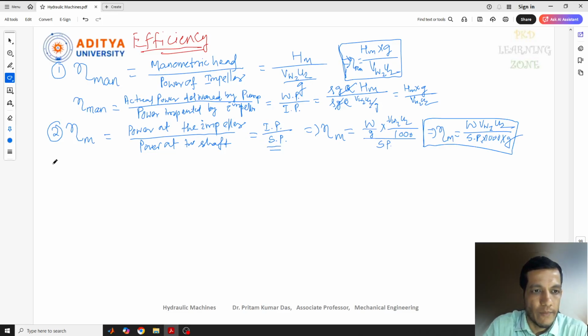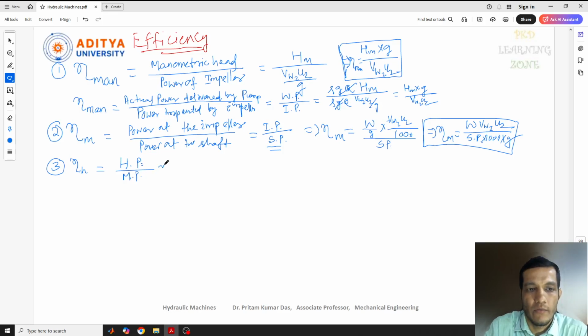Okay, the next one is hydraulic efficiency. One more is there, hydraulic efficiency. So hydraulic efficiency is very simple. It is the ratio of hydraulic power to the runner power. Here runner is not there, impeller power. Or we can say it is the ratio of hydraulic power to the mechanical power supplied.